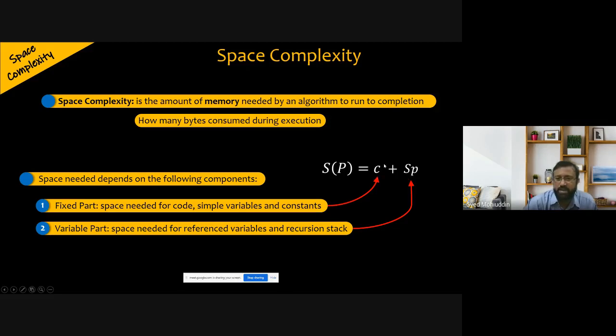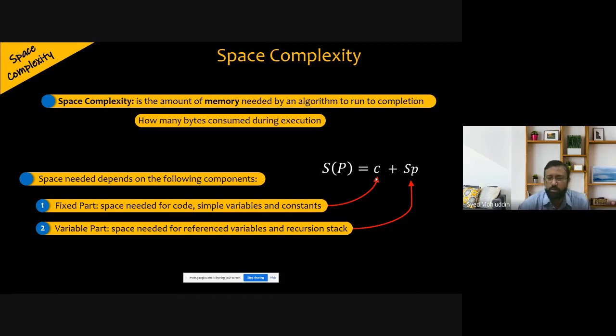Here we are taking C to say that the space needed by the fixed part is constant. It doesn't change. The number of lines you write is constant. It doesn't matter what space you take with the simple variables and the space needed for the code; that is treated as constant space.